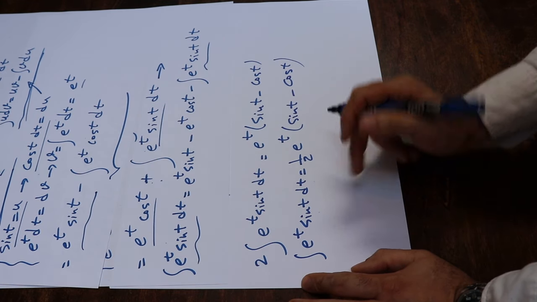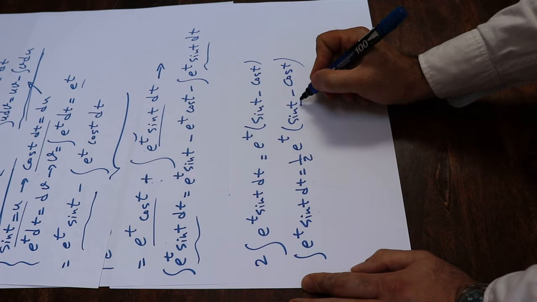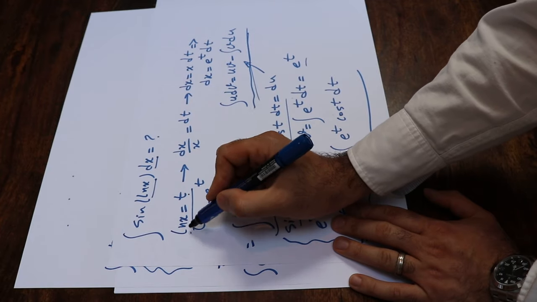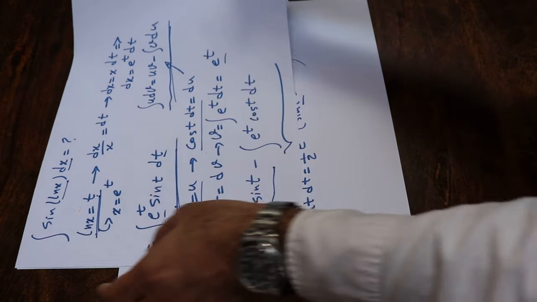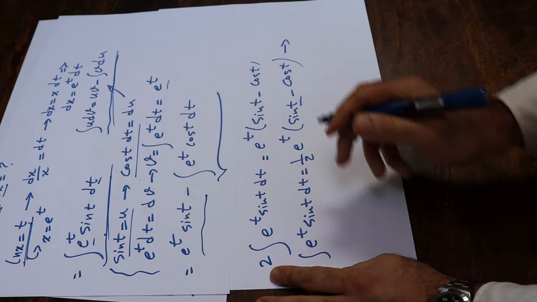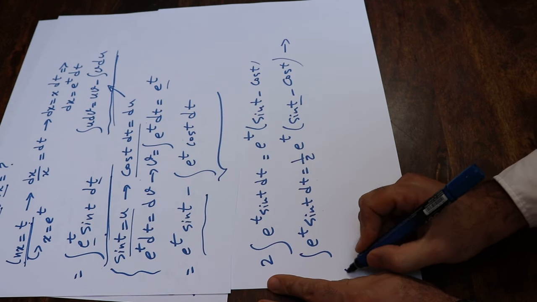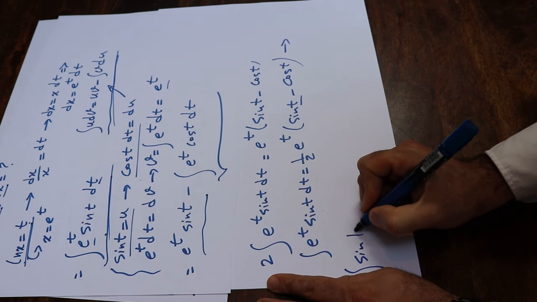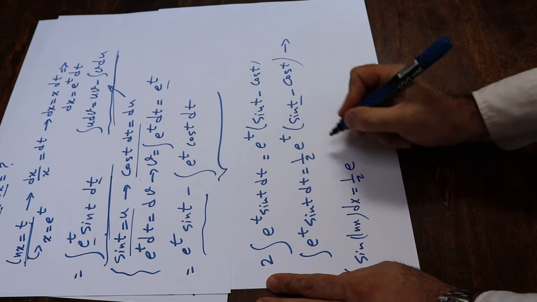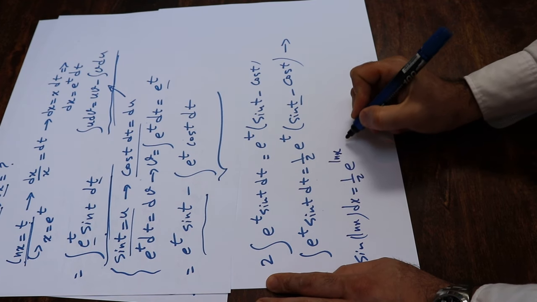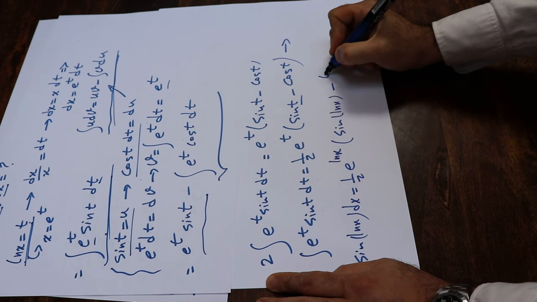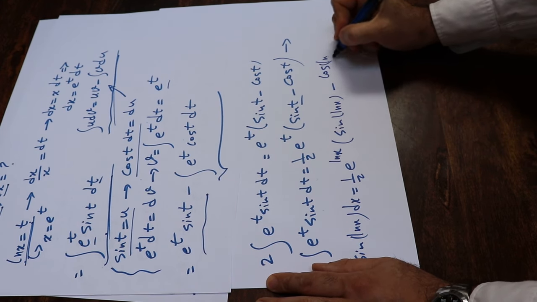All you need to do is to substitute this parameter t by its definition; at the very beginning we defined t as ln x. So wherever you see t, you need to write ln x. In other words, the integral of sine ln x dx will be equal to 1 divided by 2 e to the power of ln x, times sine ln x minus cosine ln x.